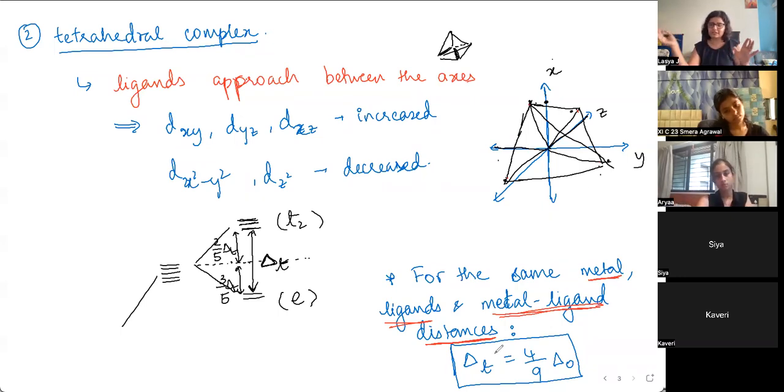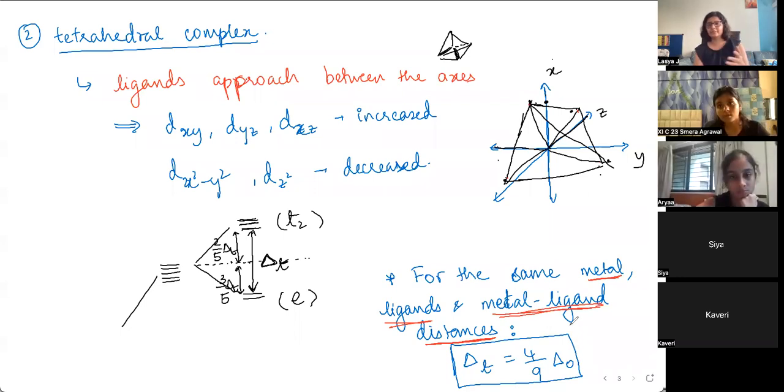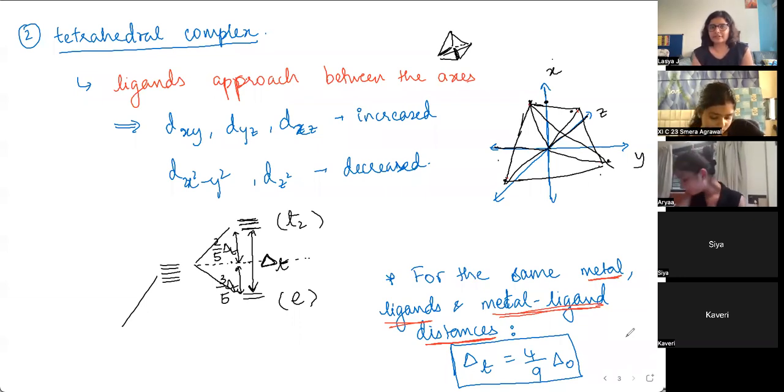Like, it's a usual filling up of electronic orbitals that you need to follow. Okay, make a note of it. Orbital splitting energies are not large enough to force pairing. Like in octahedral strong field case, pairing is being forced because splitting energy is that high. In this case, it's not that high. So orbital splitting energies are not large enough to force pairing. So low spin configurations are rare. They're rarely found in tetrahedral complexes.